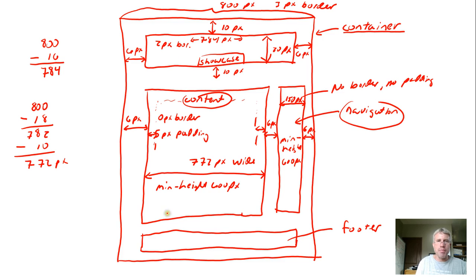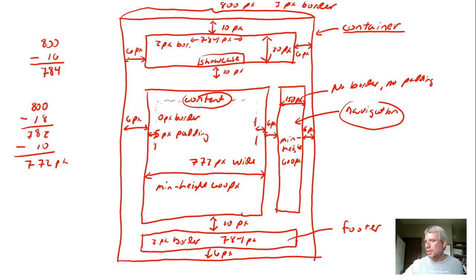We're going to match the measurements up here, so it's going to be 2 pixels border. And then we're going to do 784 pixels wide. And we'll adjust things if we need to. Let's do 10 pixels between. And maybe 6 pixels margin at the bottom. And we'll see how that looks.